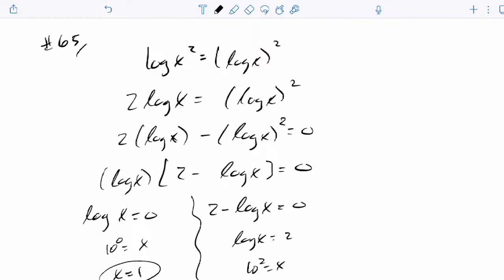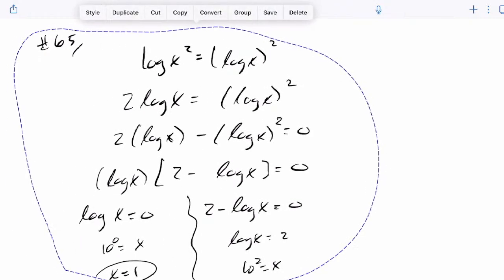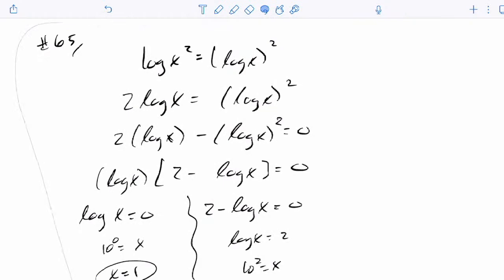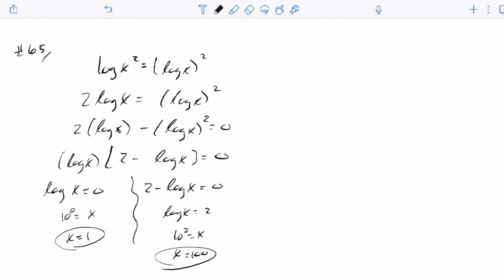If you did a left side, right side check for 65, you would just sub it in. Just to show you, if you did want to check your answer on tomorrow's test, you could do left side and right side, and let x be 1.